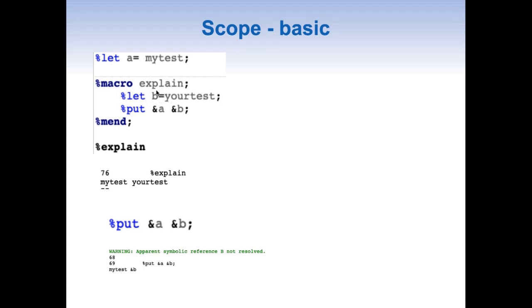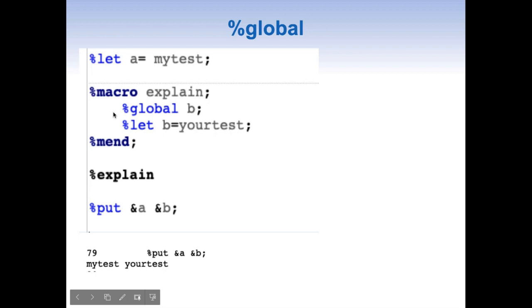Now if you want to access this macro variable outside of the macro, doing that is also simple. All we need to do is use a %global statement followed by the macro variable which we want to make a global macro variable so that it is available outside of the macro also.